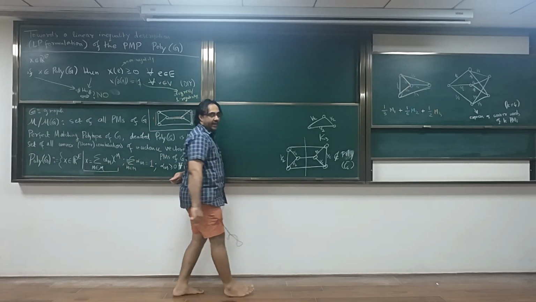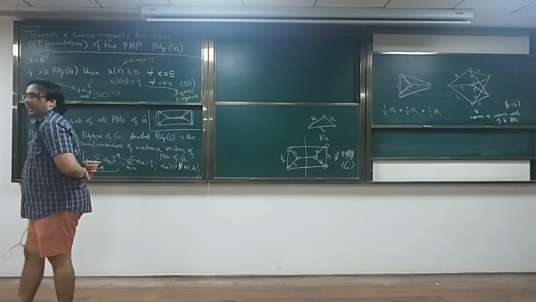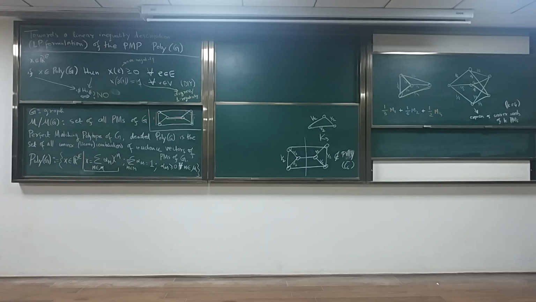and you observe that every perfect matching meets this cut in at least one edge. Therefore, in every vector corresponding to a perfect matching, the sum of the corresponding entries of these three numbers will be at least 1. Therefore, in the convex combination of such vectors, the sum should be at least 1. So that's the problem.